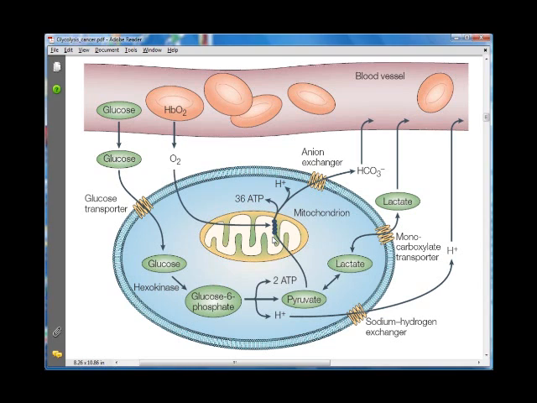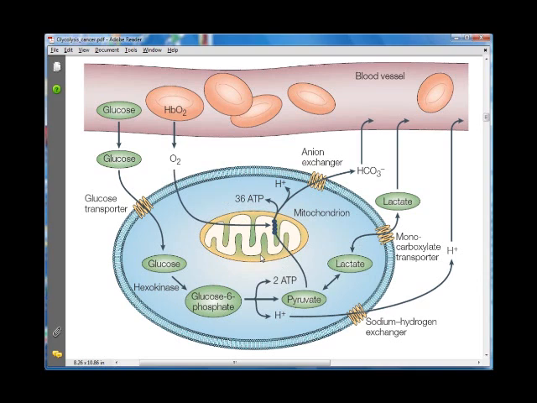So now you see, if it goes this way, one glucose with oxygen will generate 36 ATPs plus 2 ATPs here. The total is 38 ATPs. But for a cancer cell that goes this way, it only creates 2 ATPs.